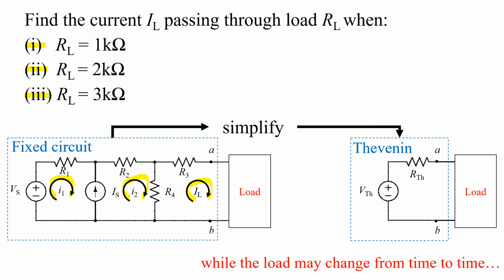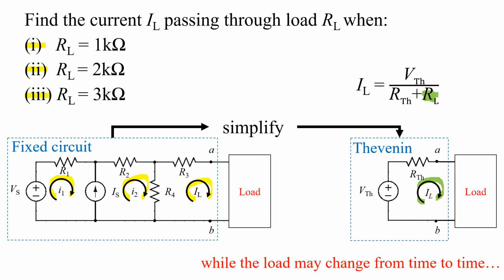When we simplify the fixed part of a circuit to the Thevenin's equivalent circuit, there is only one loop. We can use V equals IR, so I equals V over R, to find the current IL.